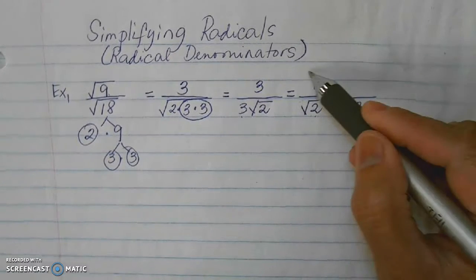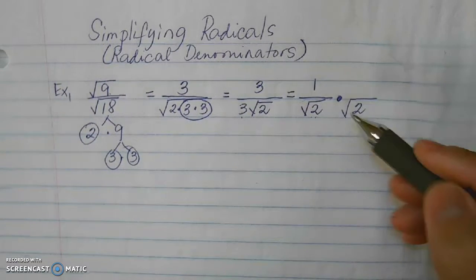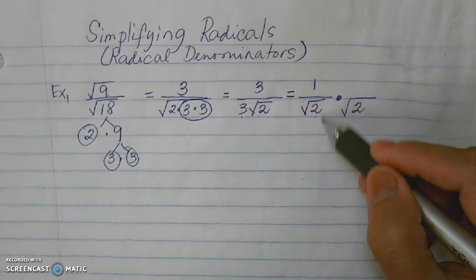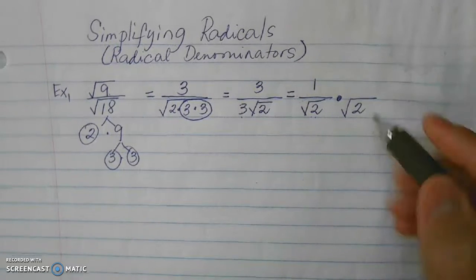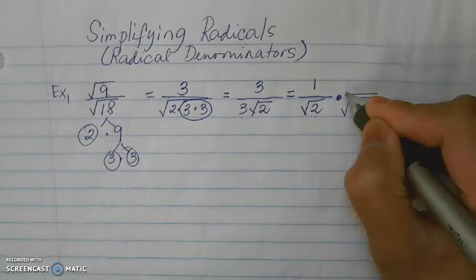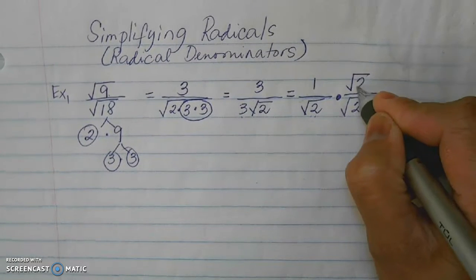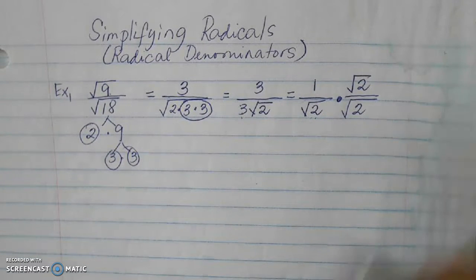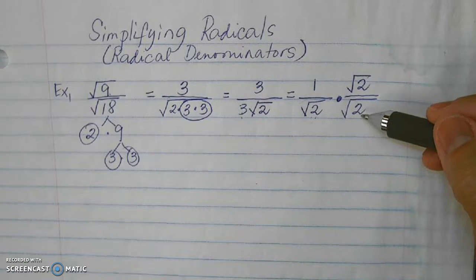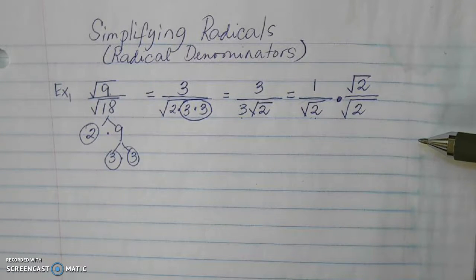So as not to change the value, I will multiply this by 1. And how is that possible? I will multiply it by square root of 2 over square root of 2. And that's a 1. So really, I'm not changing the values.